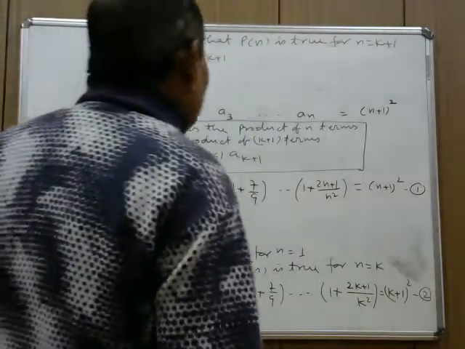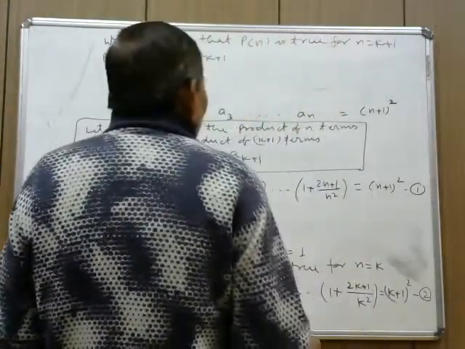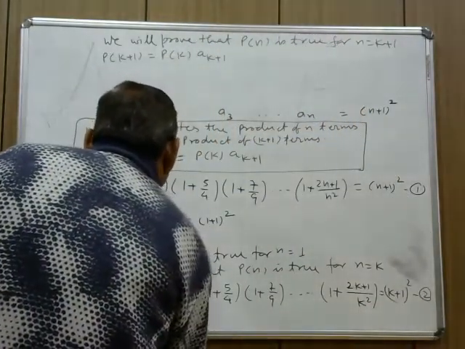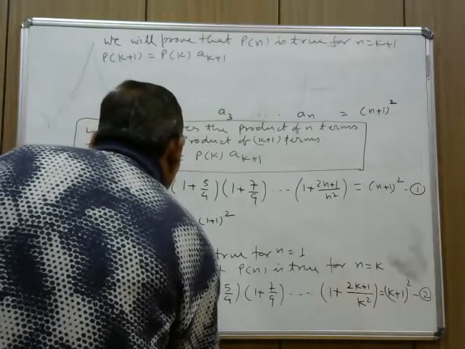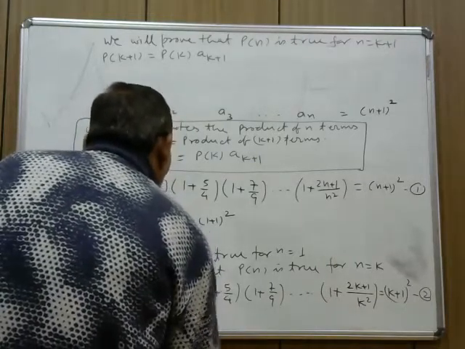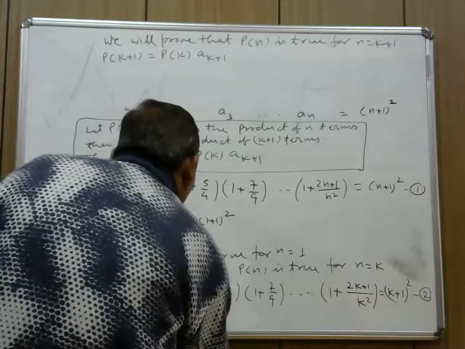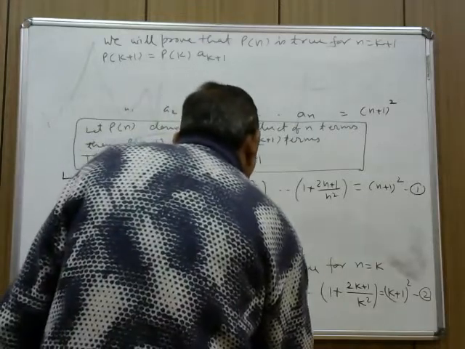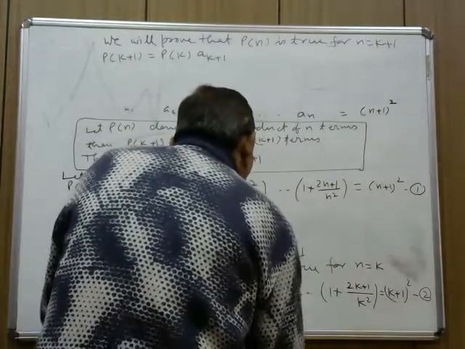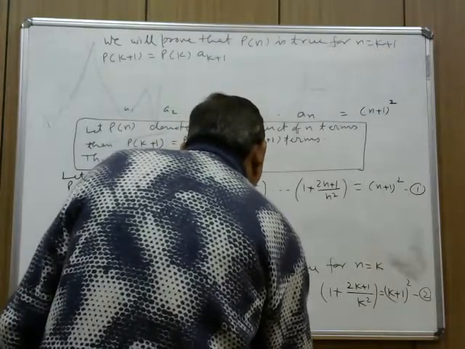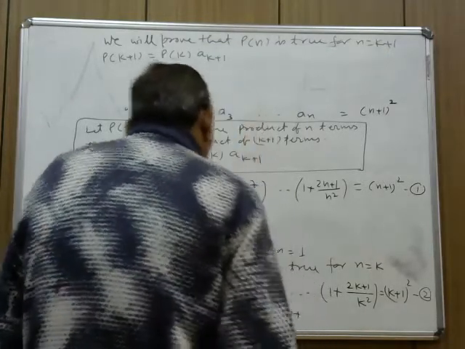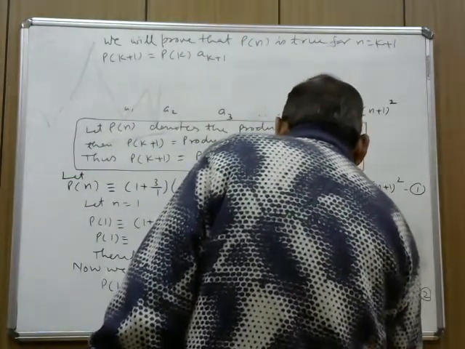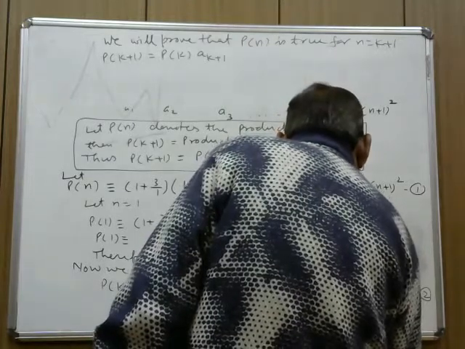How can you find a(k plus 1)? Your an is 1 plus 2n plus 1 by n square. This implies that a(k plus 1) equals 1 plus 2k plus 3 upon k plus 1 whole square.